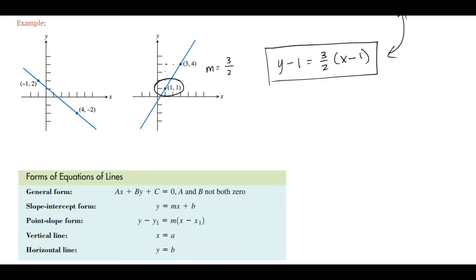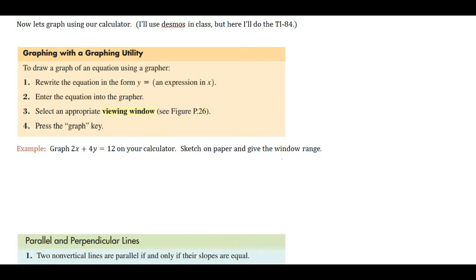A, B, and C are all nice integers, and A is usually positive. Then you have slope-intercept form, which is right there. You got point slope. You got vertical line, which is x equals whatever, and you have a horizontal line, y equals whatever. So let's see if you can handle this question or two that I throw you, and I'll see you in a few. All right, beautiful work there, and nice job.